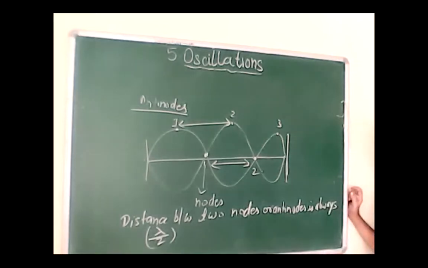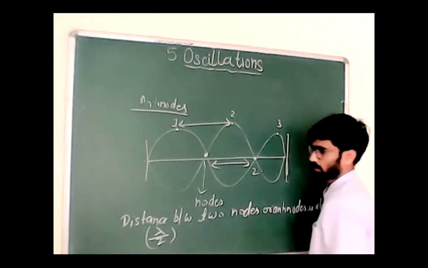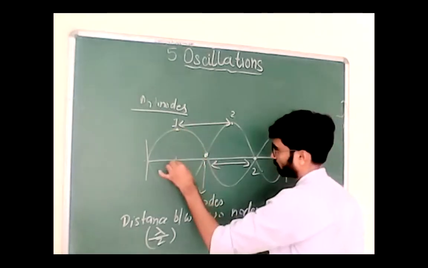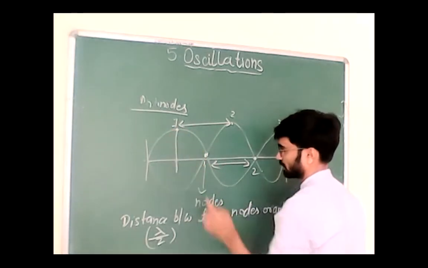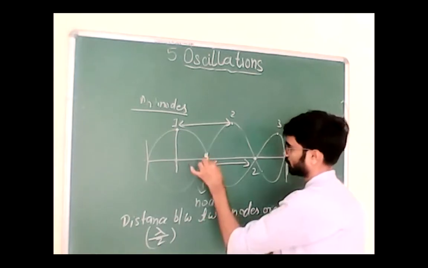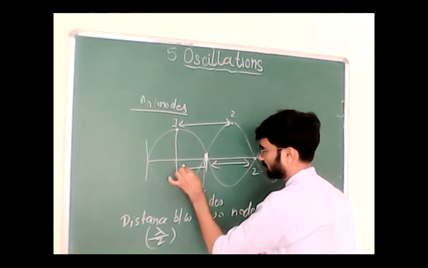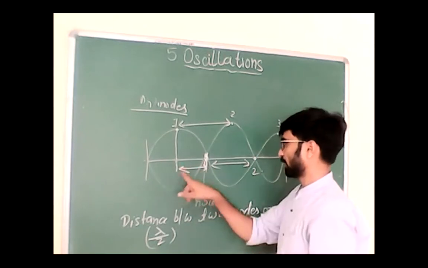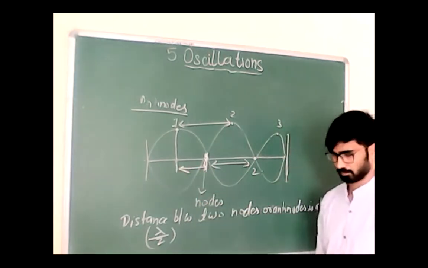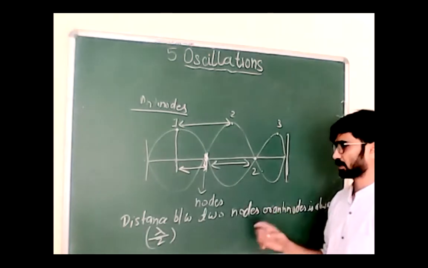Okay. Also, यहाँ तक clear है? Next thing, suppose this is our first antinode, and this point is the first node. So, what would be the distance between a node and antinode? दो पॉइंट्स हमें हमेशा याद रखना है.